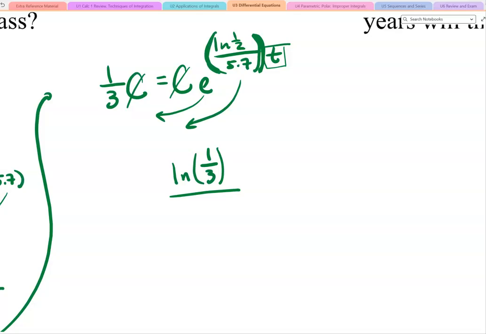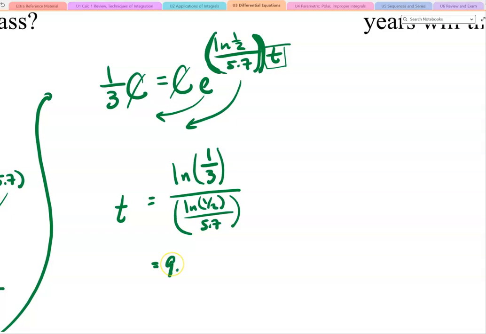So that's why we're able to divide it away. That's the natural log of 1/2 divided by 5.7. So we have this nested fraction here, which isn't the end of the world, but just be careful with your grouping symbols. And then this expression ends up telling us what t should be.